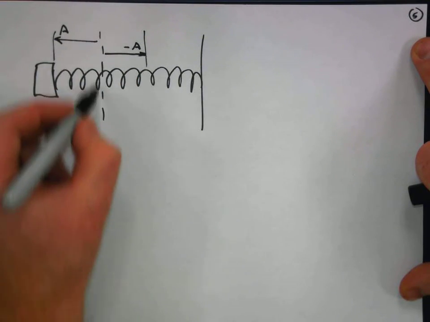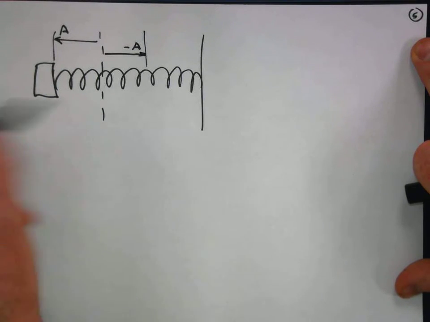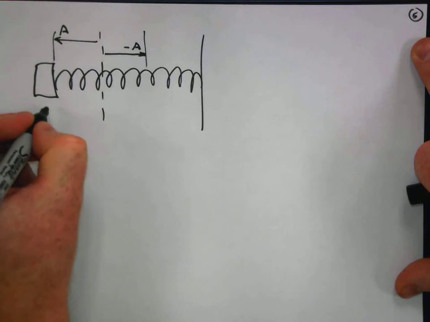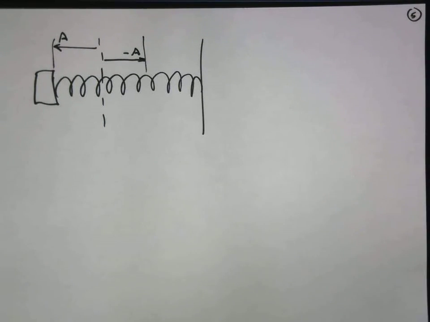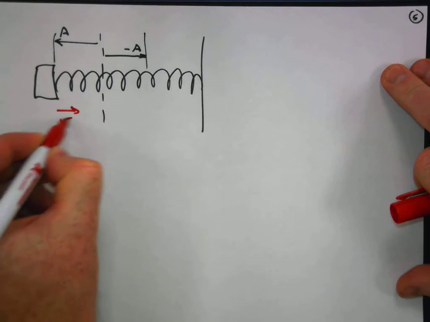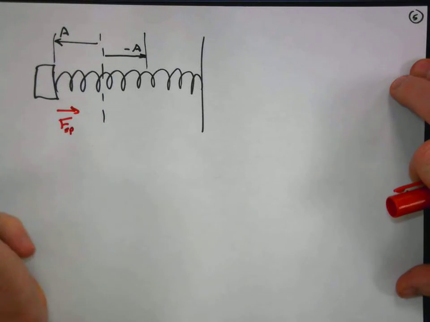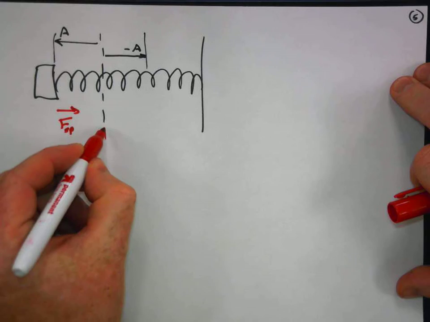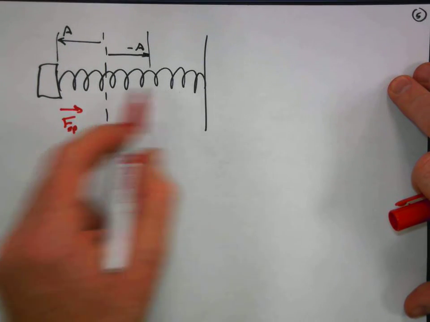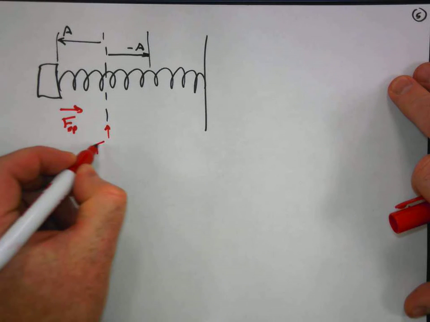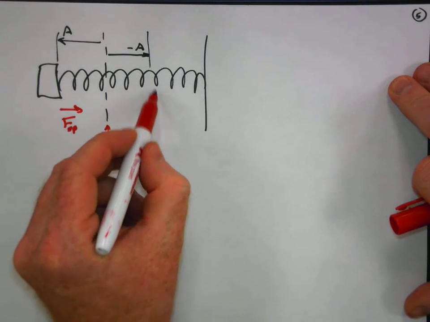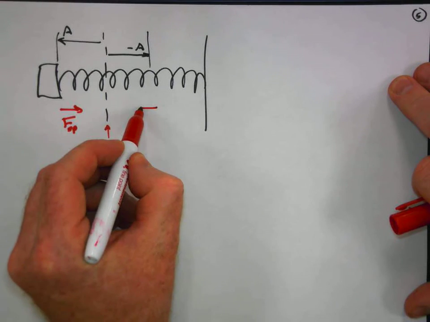This position would be equilibrium. And it's oscillating back and forth. Well, when it's over here at A, there is a force. Of course there's a force. It's a restoring force. It's a force in the spring. Here, at equilibrium, it's not stretching or compressing the spring at all. So the force in the spring is 0. Over here, at this location, the restoring force would be that way.